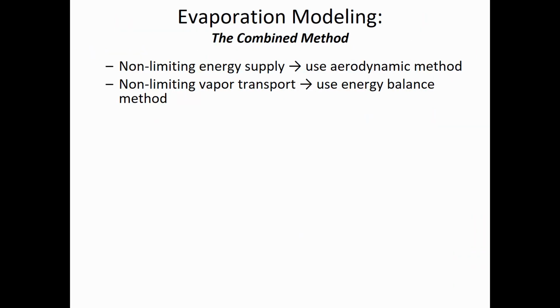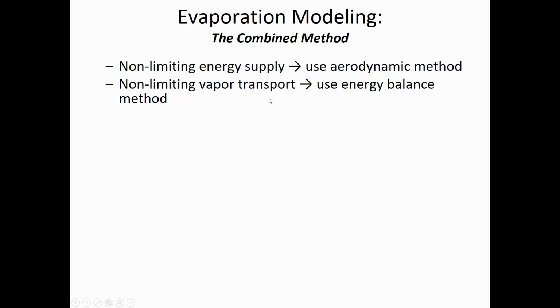And so the combined method kind of says we're going to have to average the two in a way. We need a method to come up with a weighted average. We don't have unlimited energy. If we did have unlimited energy, then you'd use the aerodynamic method because the limiting factor would be transport of the vapor.